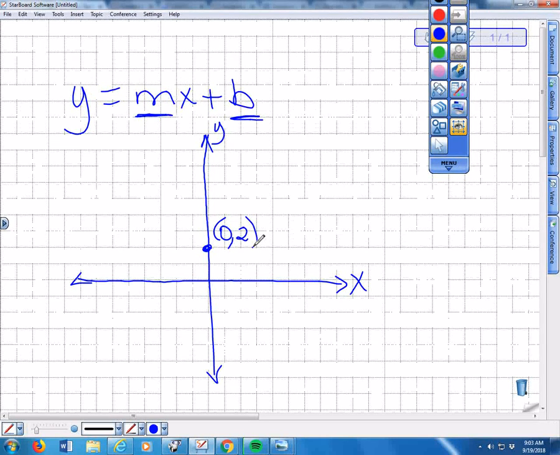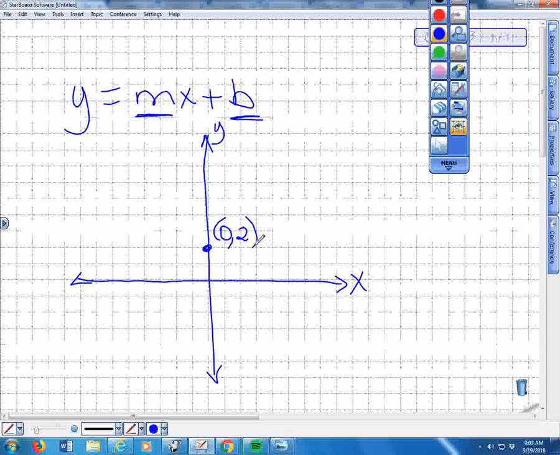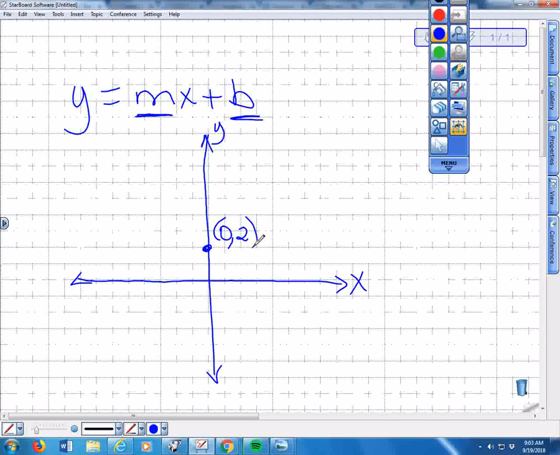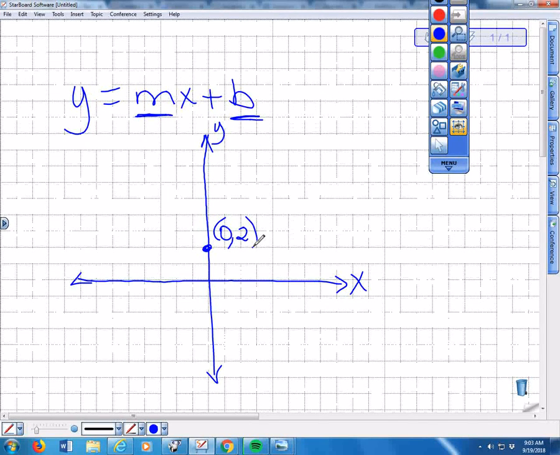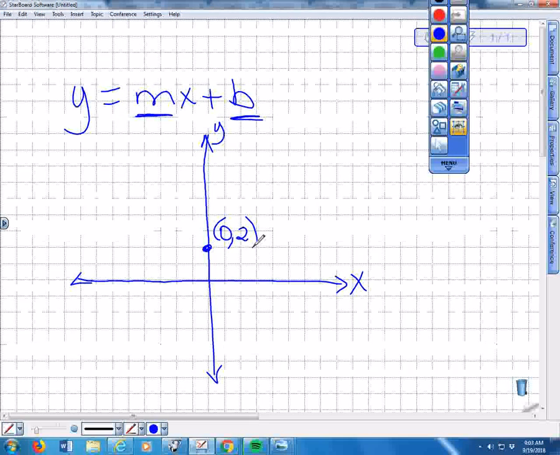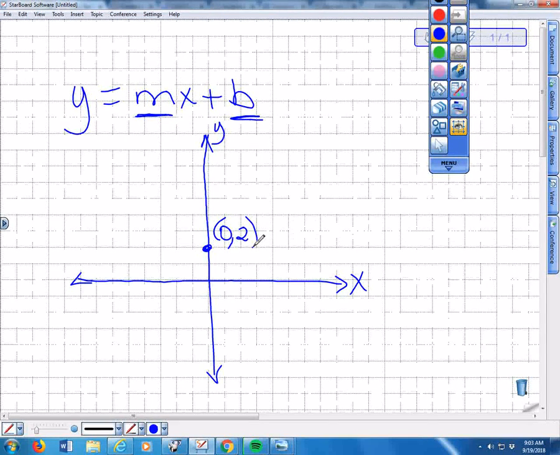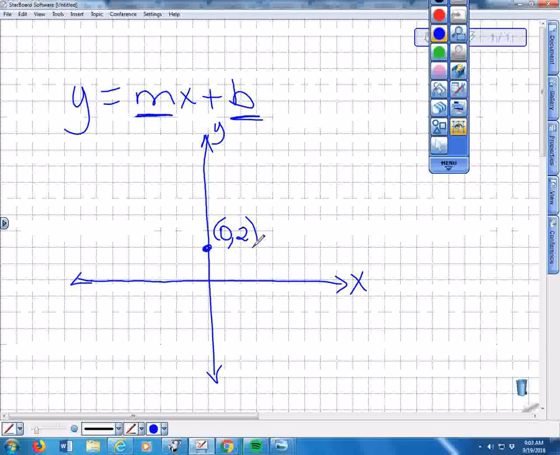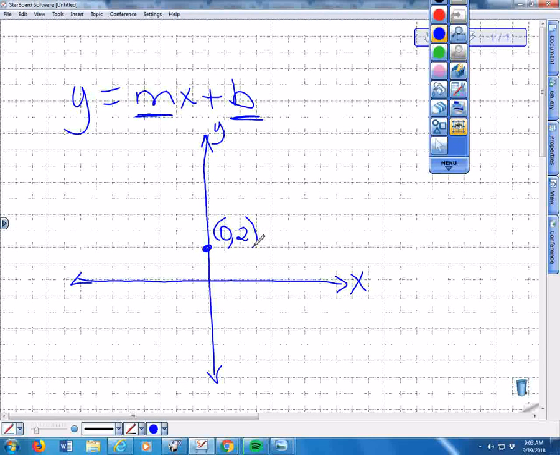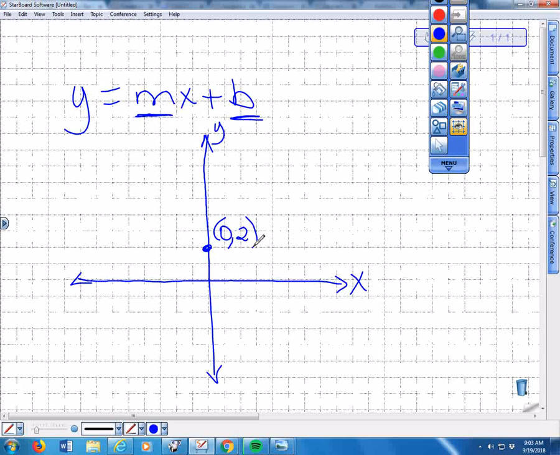You can go through the long way of solving an equation, putting it in slope-intercept form if you don't understand that, but if you understand that, you just saved yourself about 30 seconds on a question, which is good. You want all the time you can have on the ACT. So just recognize anytime you're given a point that has 0 for x, that's always going to be the y-intercept.